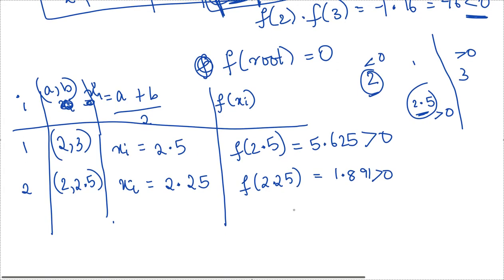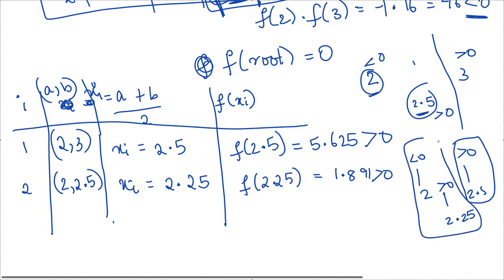Okay. So now we have 2, which is giving us less than 0. We had 2.5, which is again giving us greater than 0. And we have the middle value as 2.25. It is also giving greater than 0. So we will consider this interval because our root might be between these, right?